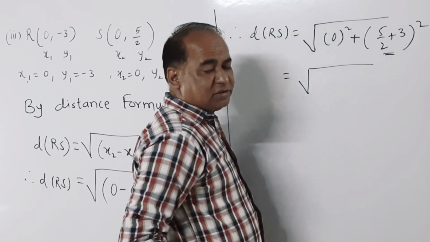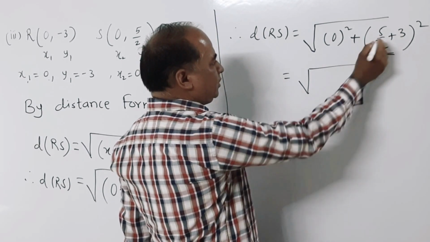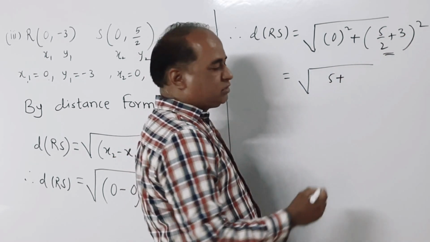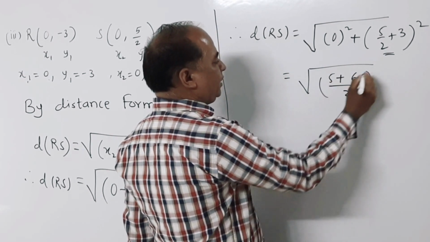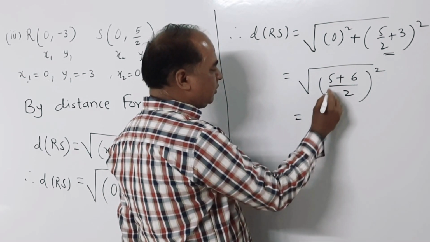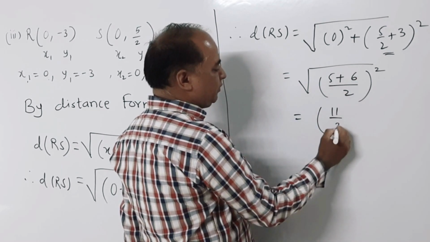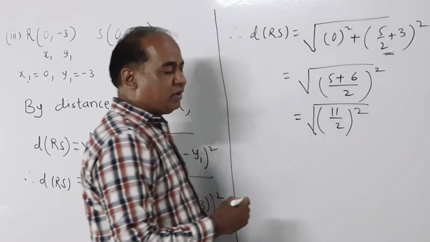Now simplify this term, here do the cross multiplication. So 5 plus 3 times 2 is 6 upon 2 bracket square, which is equal to 11 upon 2 square, square root of (11 upon 2) square.